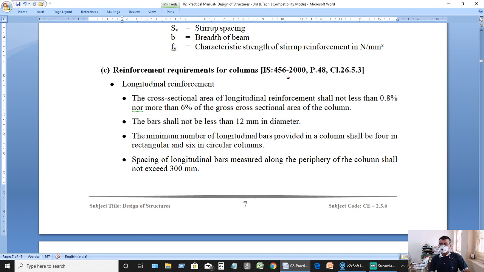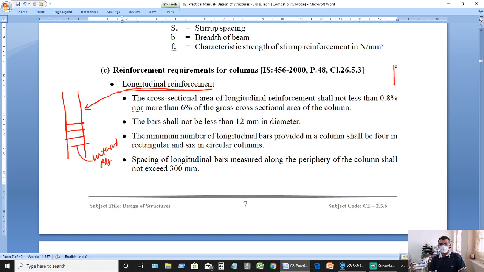Now reinforcement requirement for the columns. As you know, the vertical reinforcement in the column is called the longitudinal bar, and the horizontal reinforcement is called the lateral reinforcement. For the longitudinal or vertical bar, the cross sectional area of longitudinal reinforcement shall not be less than 0.8% nor more than 6% of the gross cross sectional area of the column.